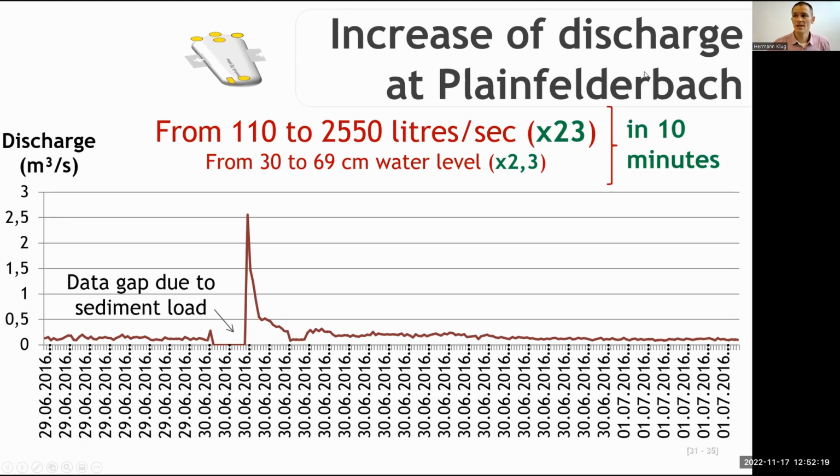So it's multiplied by 23. In terms of water level, recorded by this device by pressure and by ultrasonic sound, it went from 30 centimeters to 69 centimeters, also 2.3 times the level in 10 minutes.